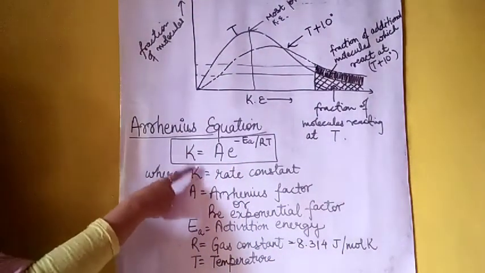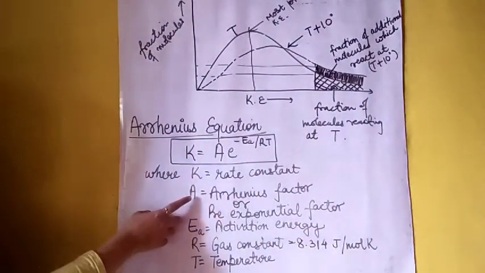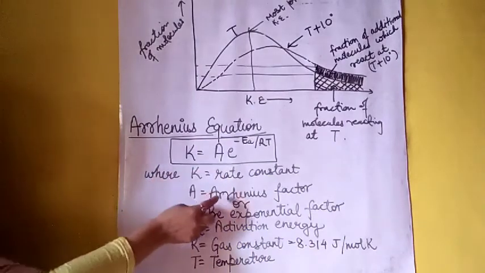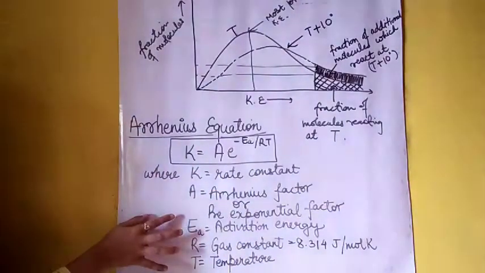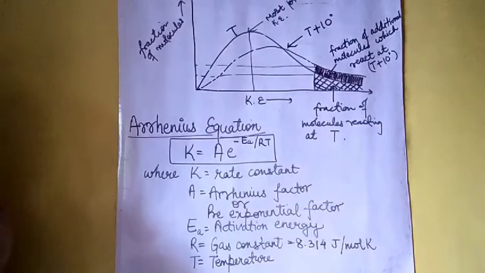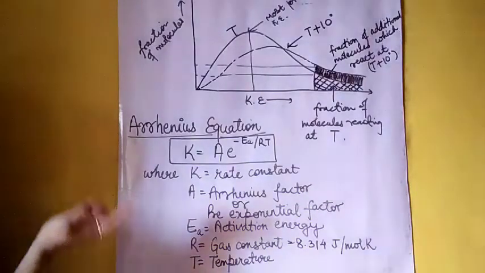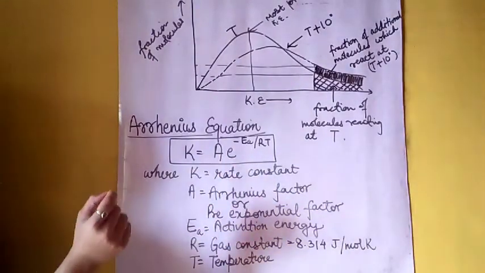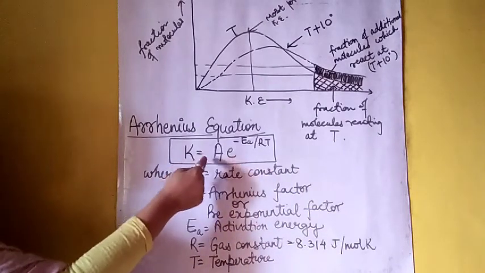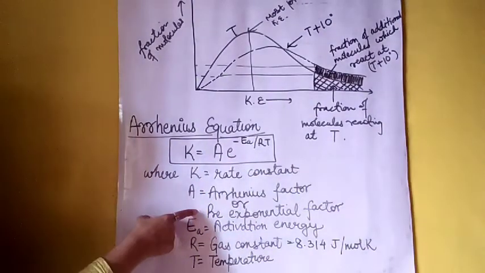Where k, we all know, is the rate constant. A is the Arrhenius factor. As it is used before the e, the exponent, it is also known as the pre-exponential factor, right?